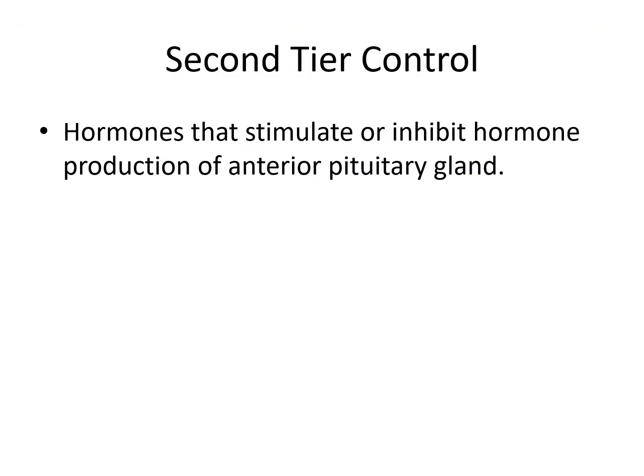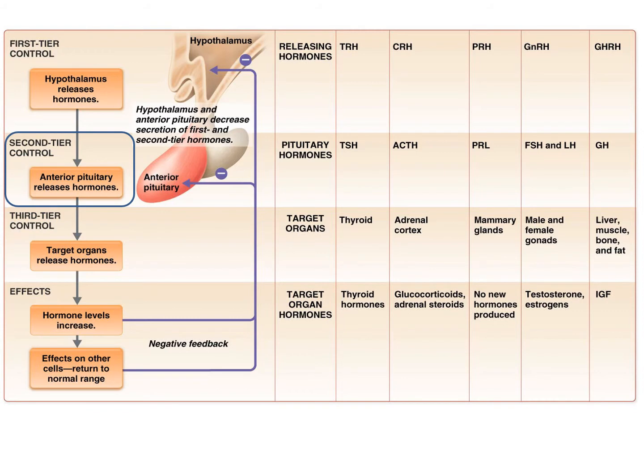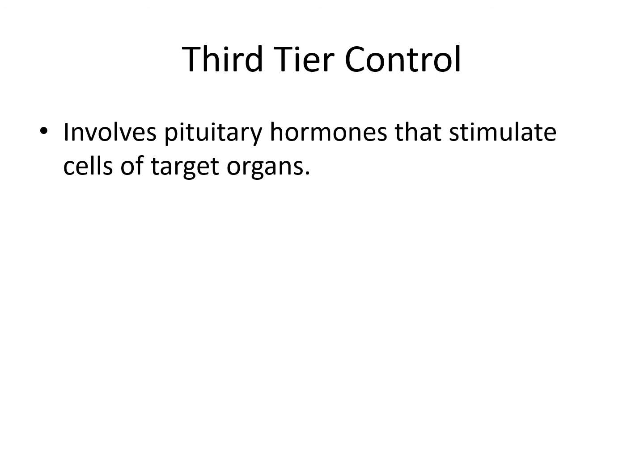The second tier control are the hormones that stimulate or inhibit hormone production of the anterior pituitary gland. That's at this level here. Third tier control involves pituitary hormones that stimulate cells of target organs.